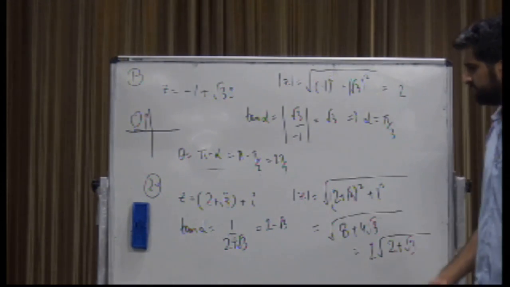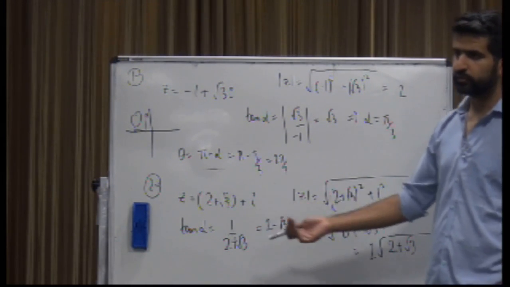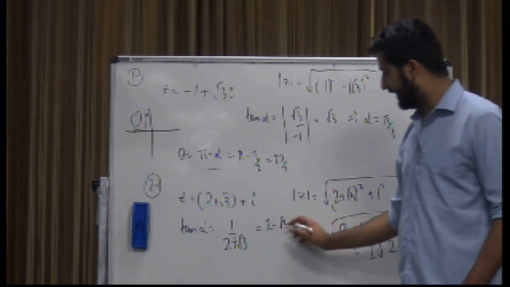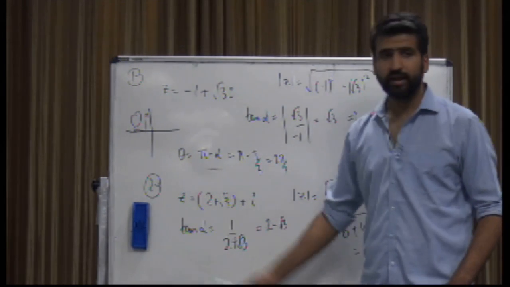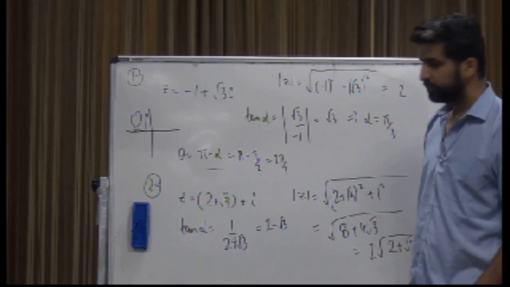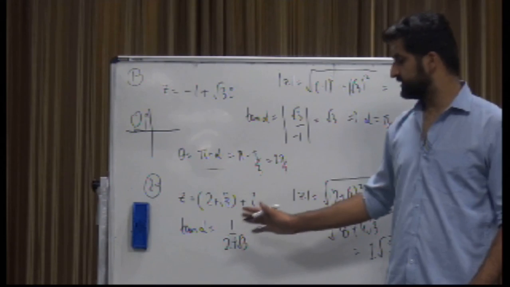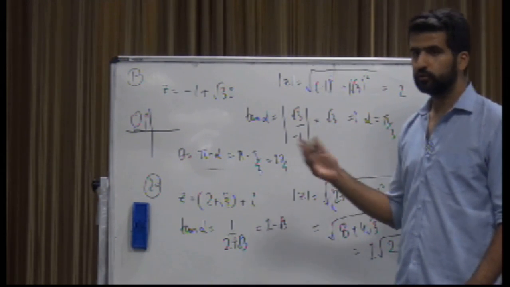The rationalization part is easy, multiply by 2 minus root 3. In the denominator you will get (2 plus root 3)(2 minus root 3), which is 1. So tan alpha is equal to 2 minus root 3. If you remember trigonometry, what is the value of alpha here? 15 degrees. Remember? Yes, sir. Tan 15 is equal to 2 minus root 3 and tan 75 is equal to 2 plus root 3.